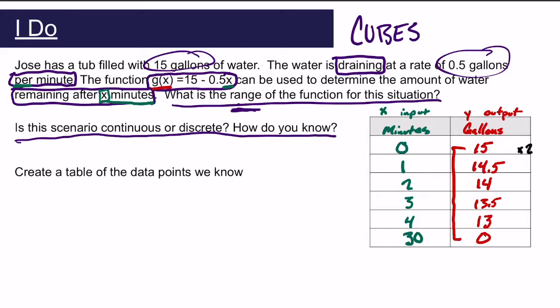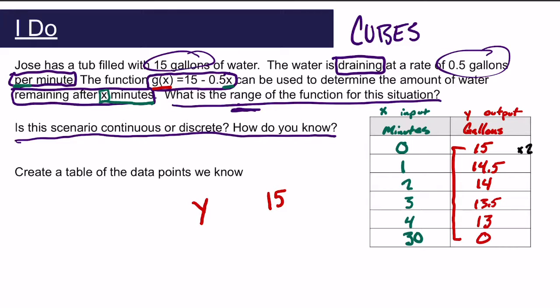So I'm going to start with my y because we're dealing with range. What is the biggest number we have? Our biggest number is 15. Can my tub be at 15 gallons? Yes. So this number is included in our answer. So if it's included, that means it could be equal to.